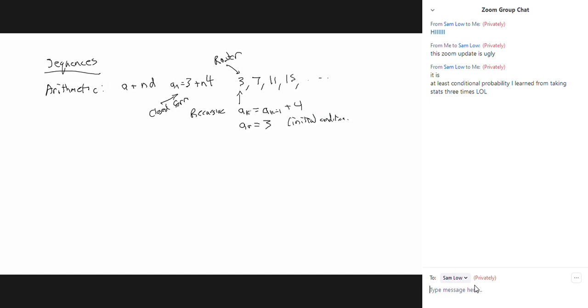Okay, so we had these 3 forms. We had the recursive form, or the recurrence relation with the initial condition stated. You had the roster form, and you had the closed form. And so we had problems where, given some sequence, either in roster form or recursive form, you had to find the closed form.